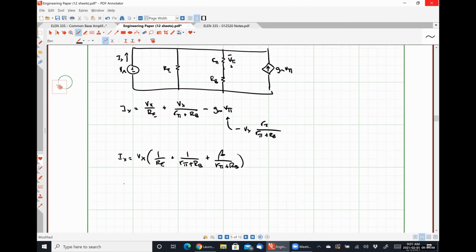And from there, our output resistance is just 1 over RE plus beta plus 1 over R pi plus RB, to the minus 1 power.